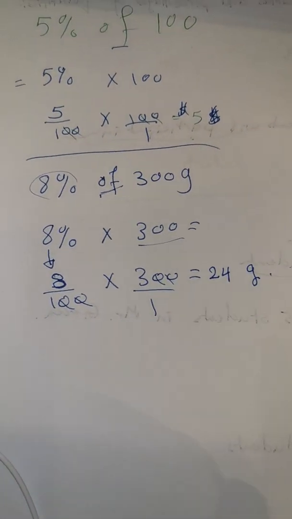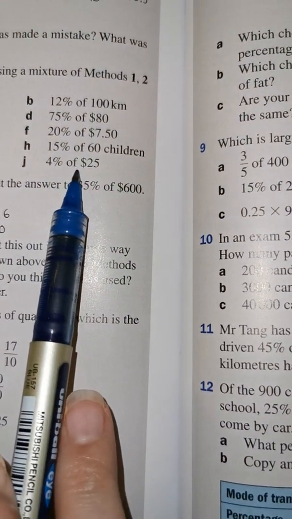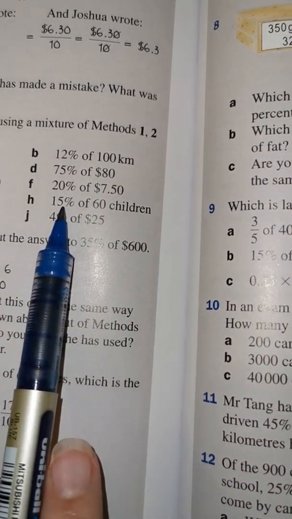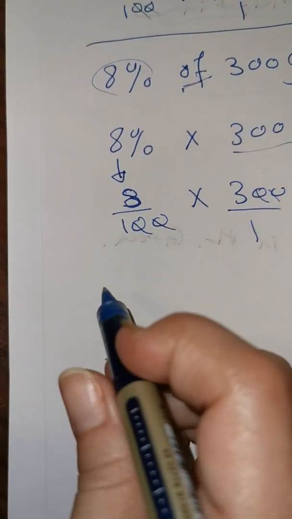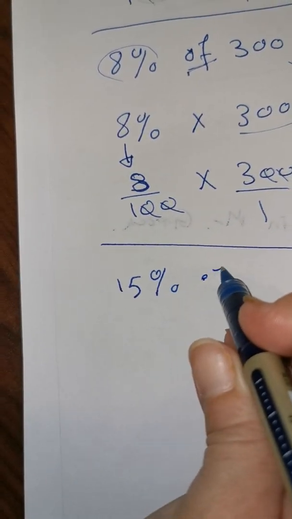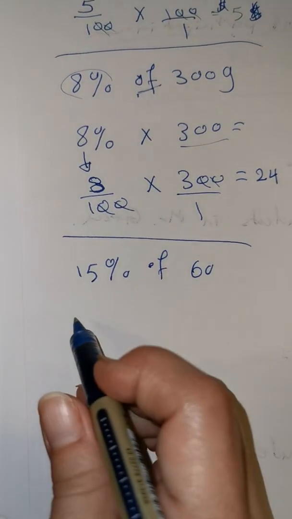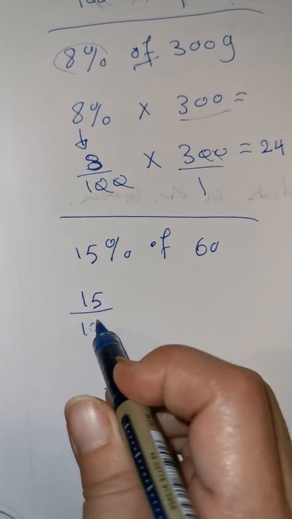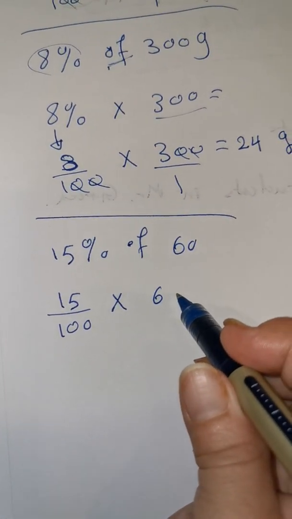Okay. The last one: 15% of 60 children. 15% of 60 children. 15 over 100 of 60 children.